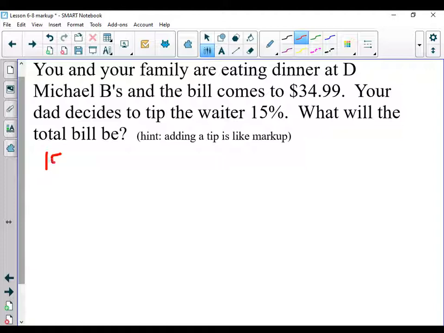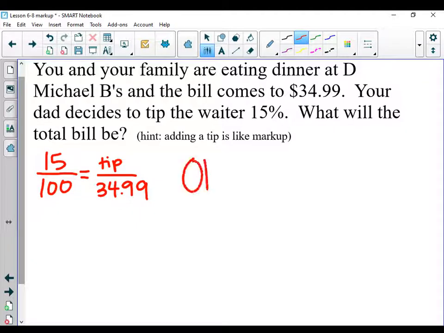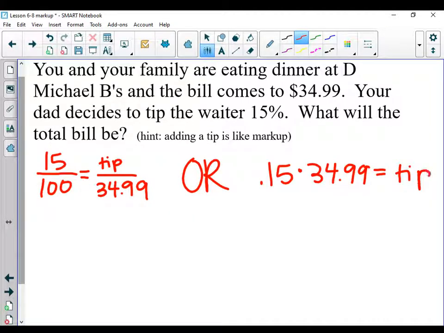A lot of people these days do 15 to 20%. Ready, go.